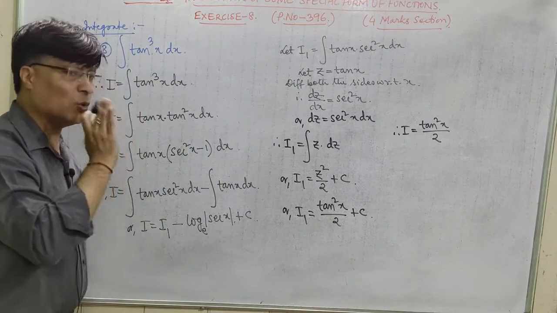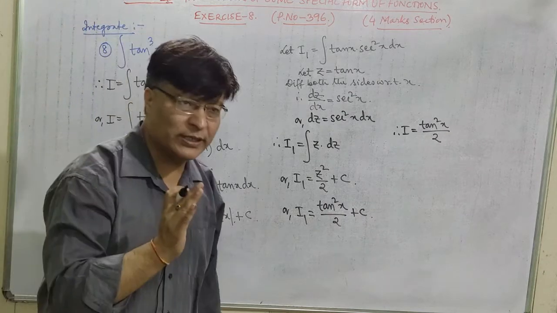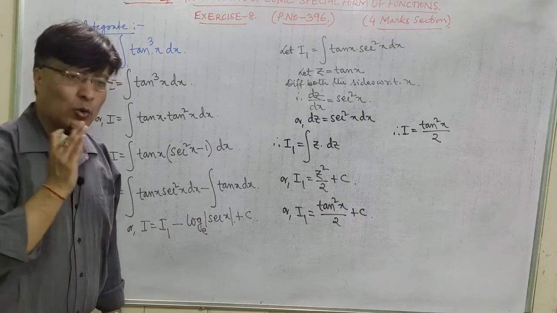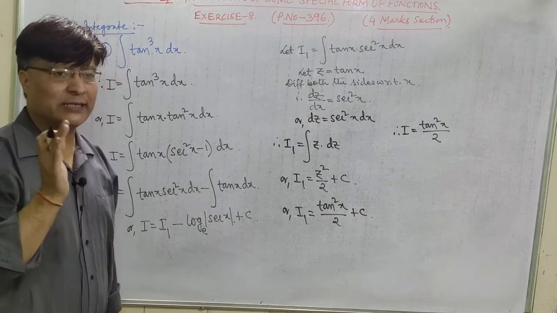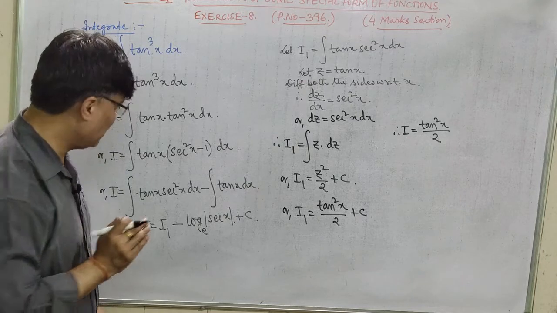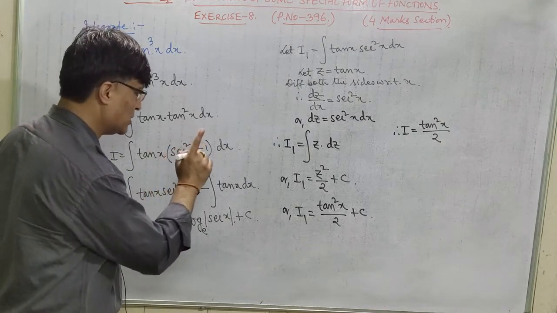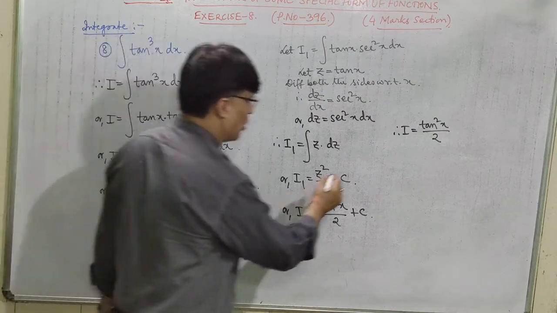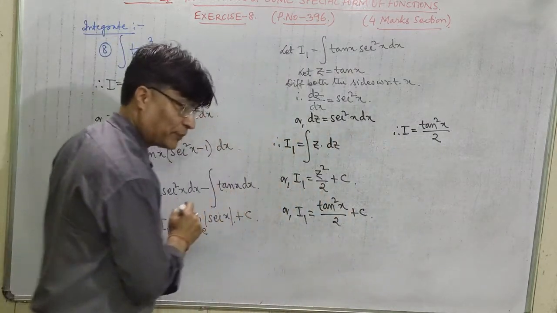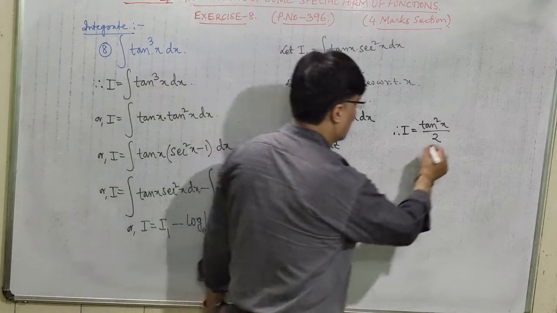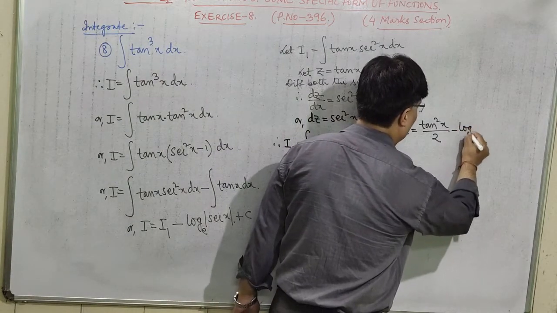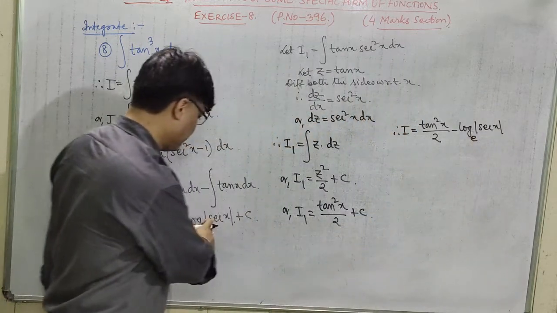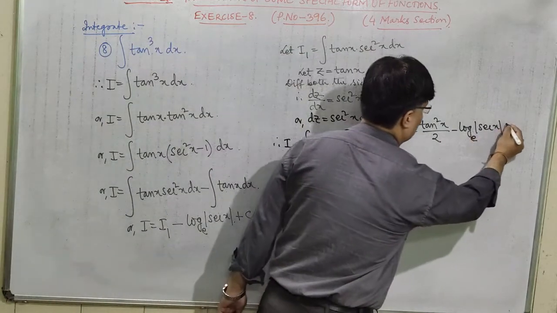That is, only one constant of integration should be written in the answer. Okay? So I is equal to I1 is tan square x by 2, and then minus log, you don't have to write down this c. Okay? Minus log within mod sec x, the base is e, then write down plus c.